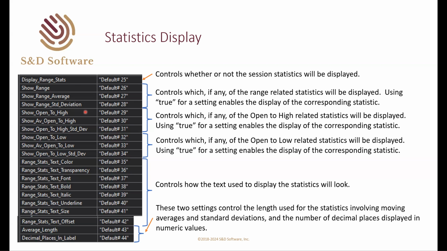So again, you just set those you want to see to true, and they'll show up, and the others won't be calculated and won't show up. The next block, again, is going to be 3 settings because we have 3 statistics we look at. And this is for the measurement of the open to the low of the session.